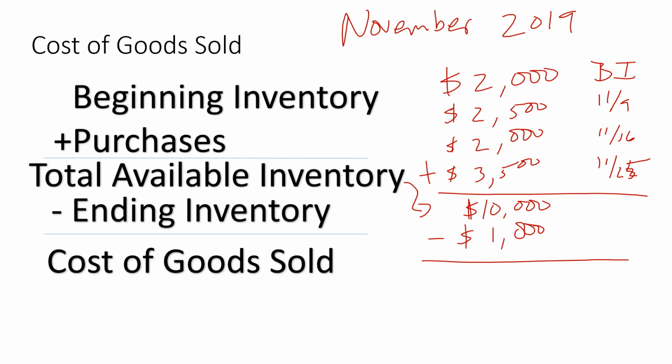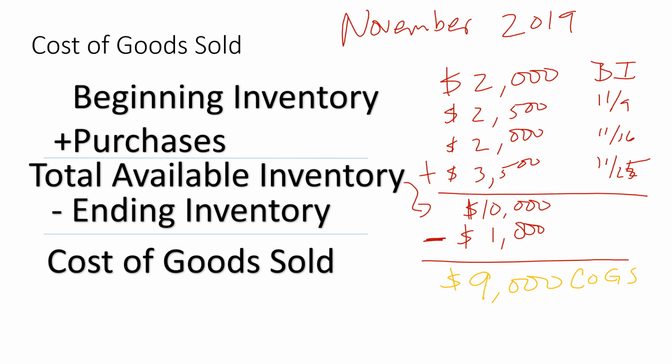So for that, we subtract, which tells us that we have $9,000 in our cost of goods sold, which means all the product that we sold cost us $9,000 to produce.